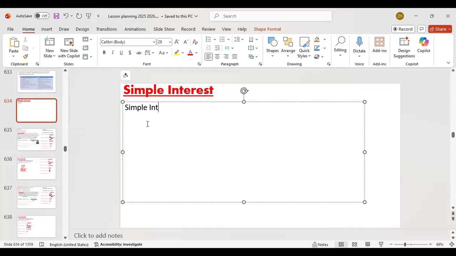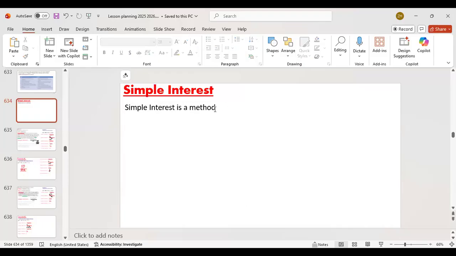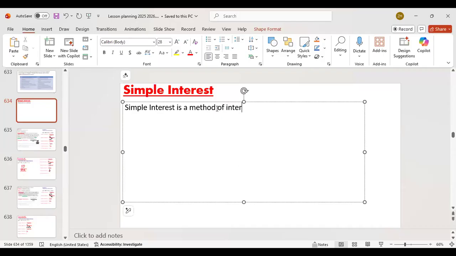Simple interest is a method of interest that always applies the original principal amount with the same rate of interest every cycle. That's basically what simple interest is.